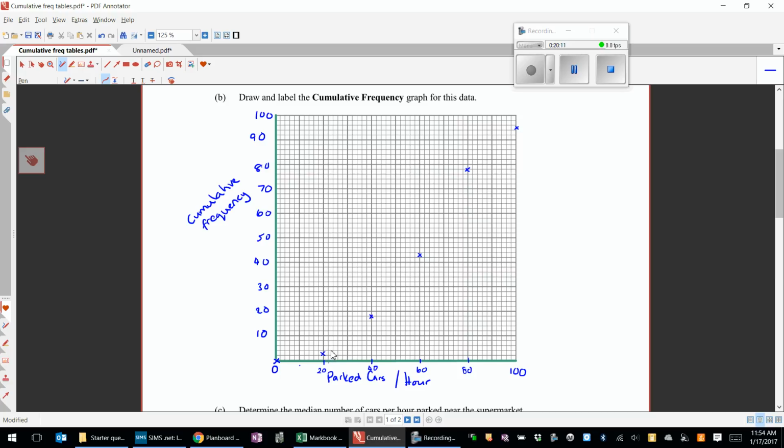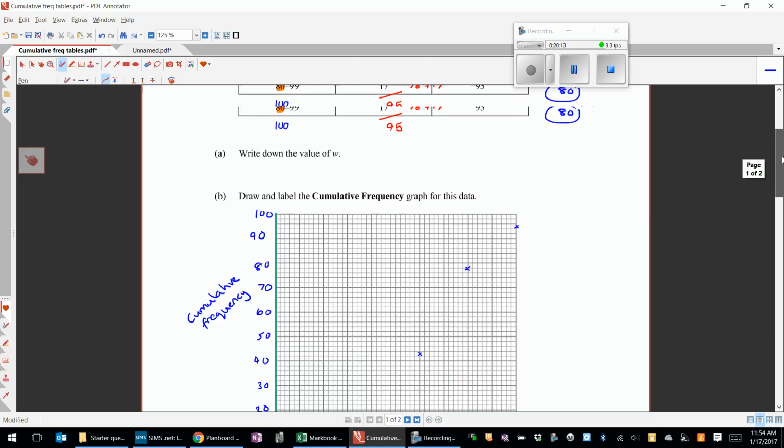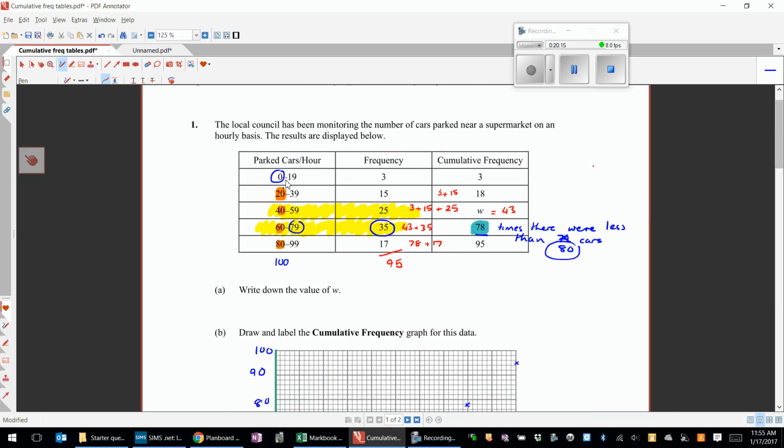So basically, what I'm saying is, this group here, which has got 3 as its cumulative frequency, is actually the less than 20 group. So I put it on the 20. This group here, 18, is the less than 40 group.